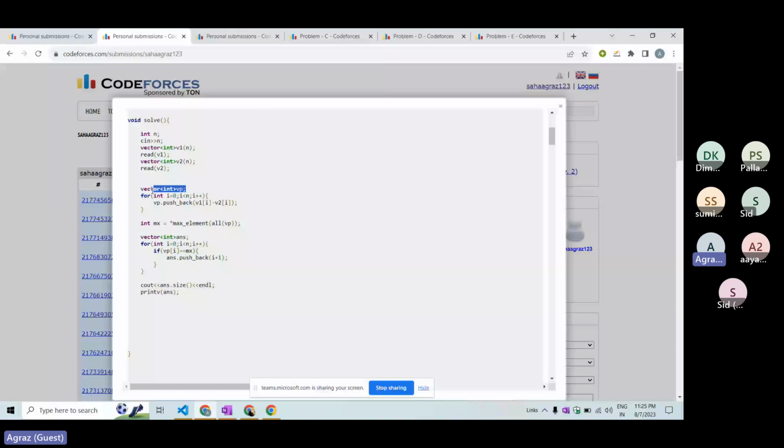Then I introduce an answer vector to print. I iterate over the whole array, and if the value is equal to the max, then we push these indices into the answer, of course the index plus 1. Lastly, we have to print this.